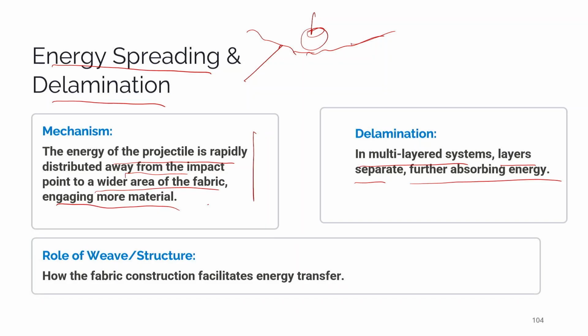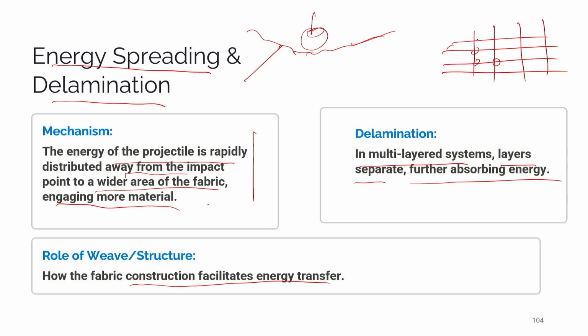And the weave structure's role is that it facilitates the energy transfer, like at the interlacement point. Due to the friction, suppose at one point there is a bullet hit.